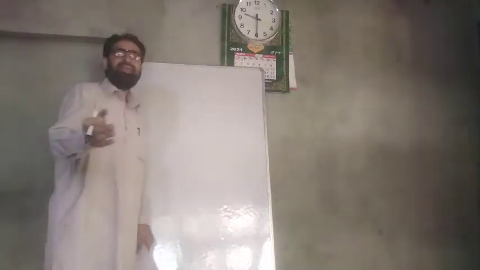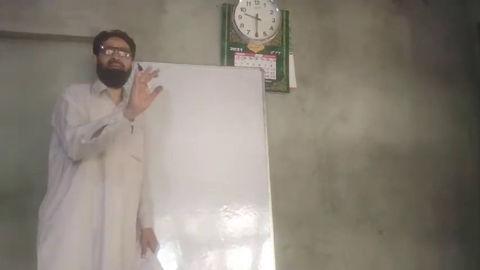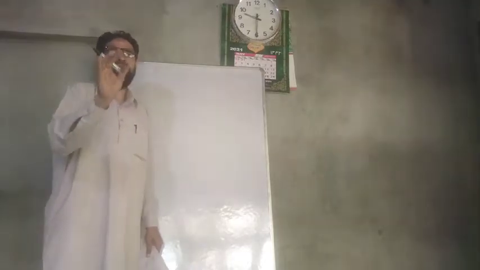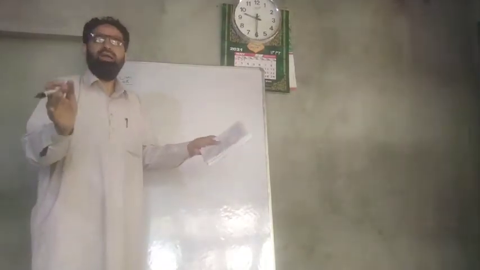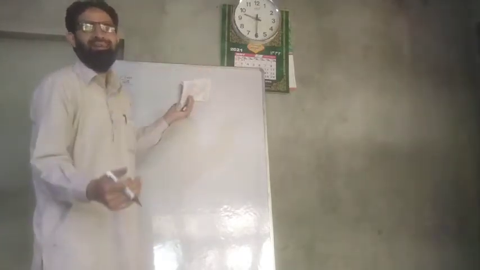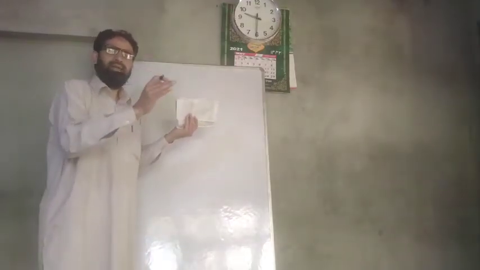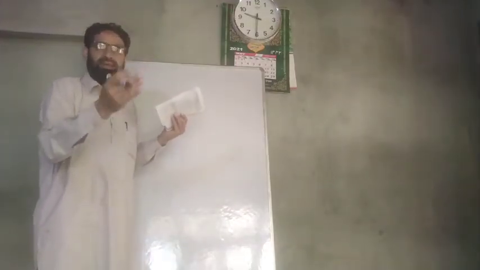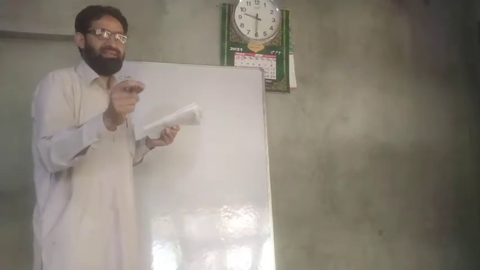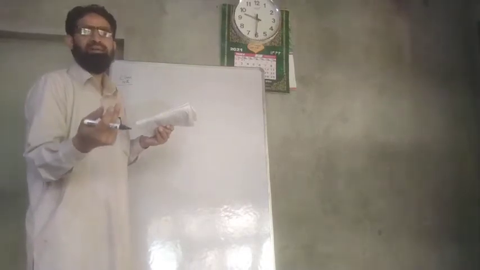Now you see, suppose a contractor has been assigned a contract work and the time is specified. As a contractor, you have to complete the work up to, suppose, 21st of May. If he is not able to complete the work, then he is liable to pay a penalty of 200 for the first day, then for the second day 50 more, that is 250, and 300 for the third day.